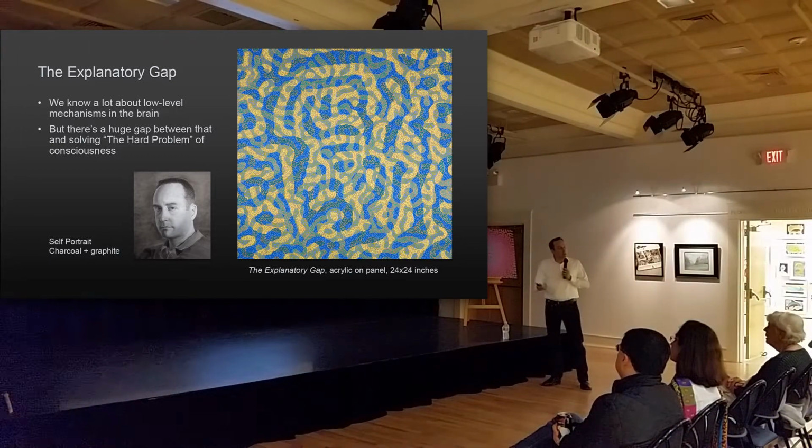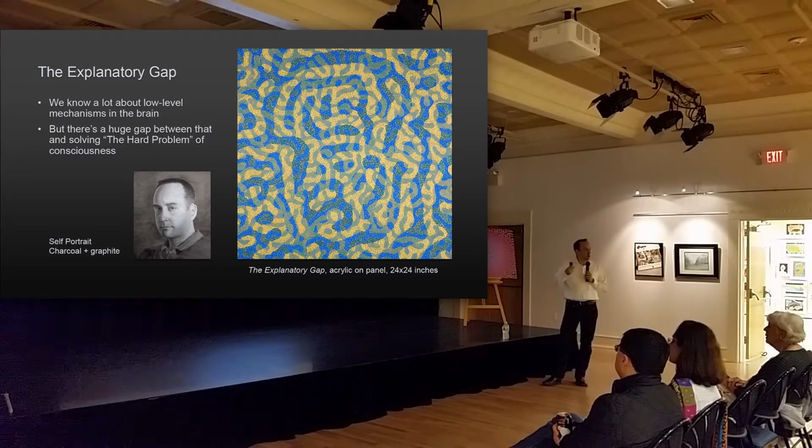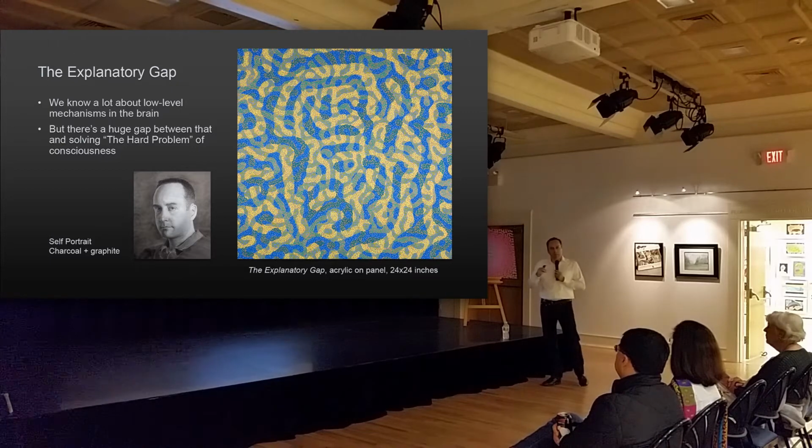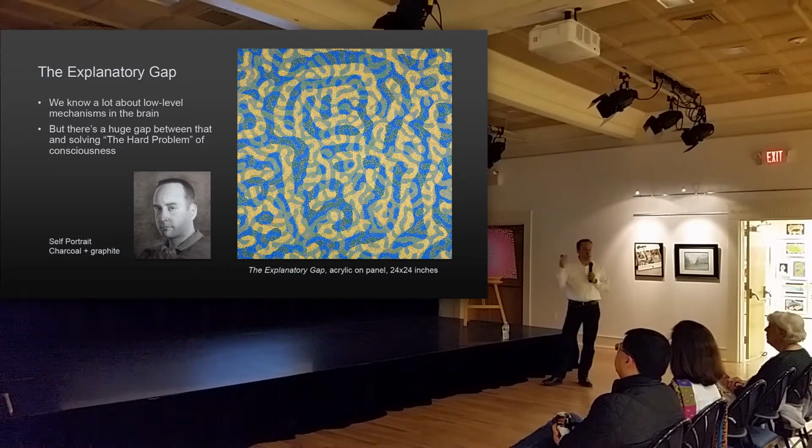I'm very interested in the study of consciousness, and one of the topics that comes up over and over again is something called the hard problem of consciousness. We know a lot about how the mind works and how the brain works, especially at the lower levels, but we don't really have a good understanding of how it is that the mind can put together this incredibly rich experience that we have of the world.